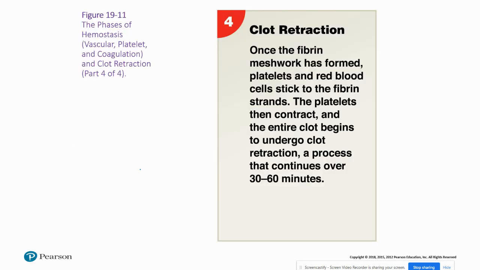Once that meshwork is formed, they stick to the fibrin strands and contract. Retraction continues over 30 to 60 minutes, and healing could take 3 to several days, depending on the injury and its location. Then you'll start to see scar tissue develop. Something on your skin will heal faster than at an articulation or joint, say your knuckle or a kneecap.